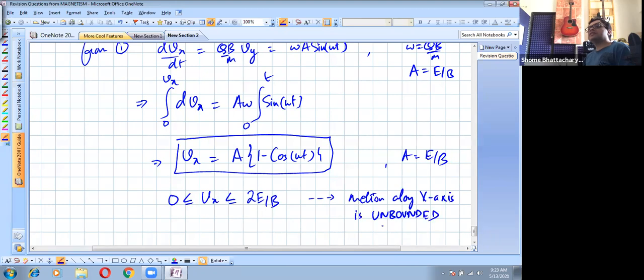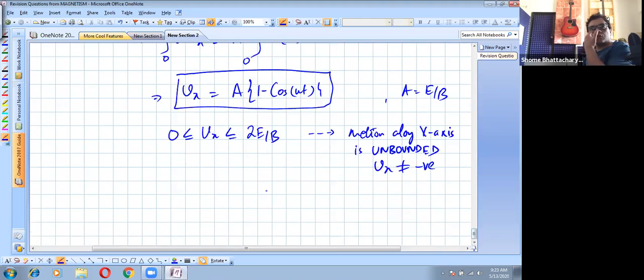That is, Vx is never negative. In fact, along the x-axis, it has a stop, start kind of motion. Now, if you look at Vx as a function of time, you'll understand what I'm saying. The x component of velocity is actually behaving like this.